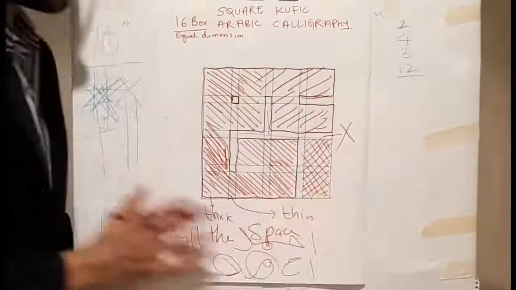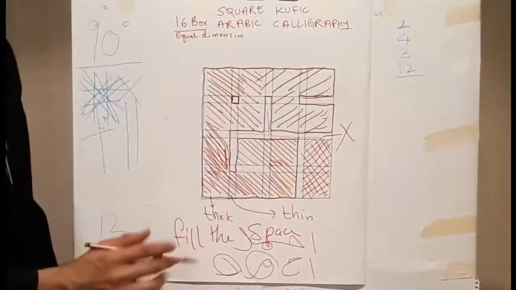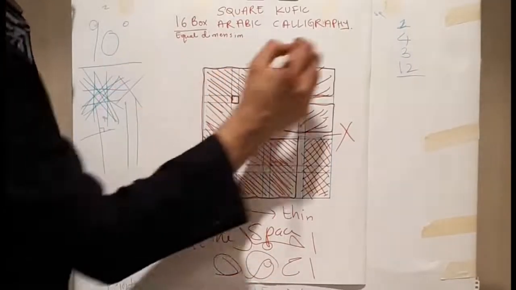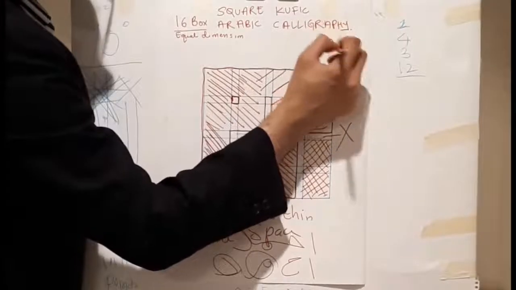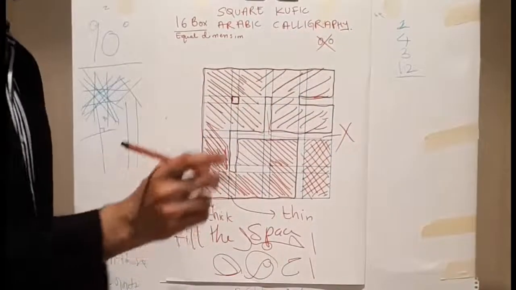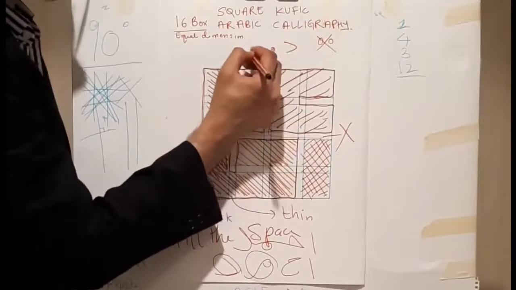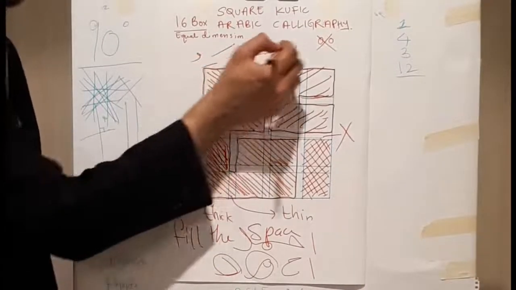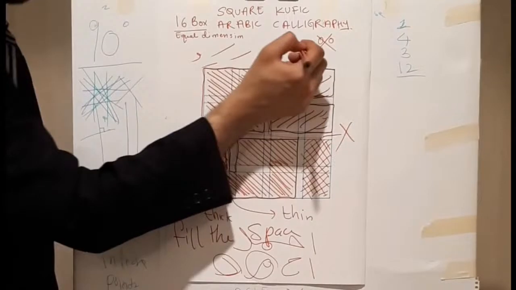So this is one rule, covering up the region and then filling up the space. And the third is about the dots. You cannot miss those dots. You have to use them. But annotations just like this, zabar, zir, pesh, these you can miss and that's okay.